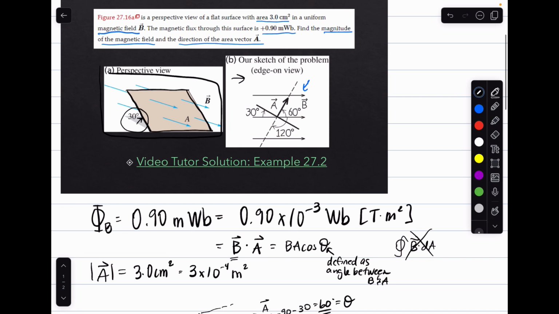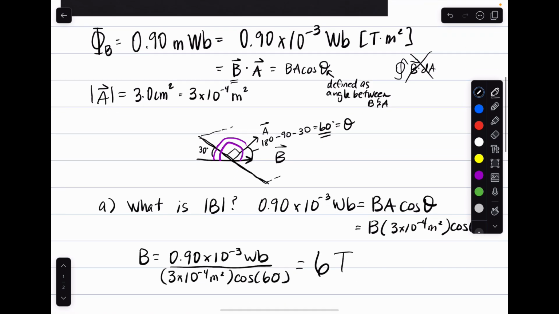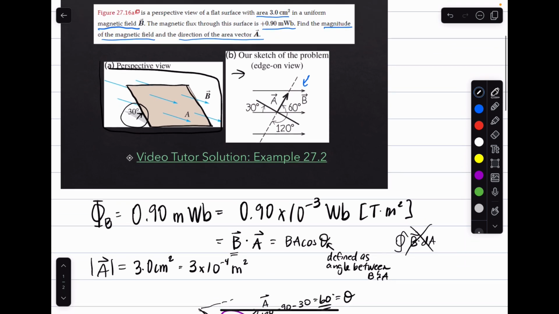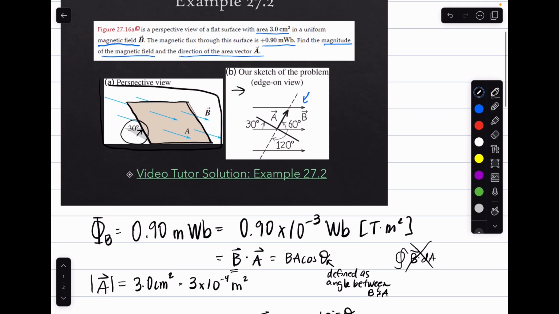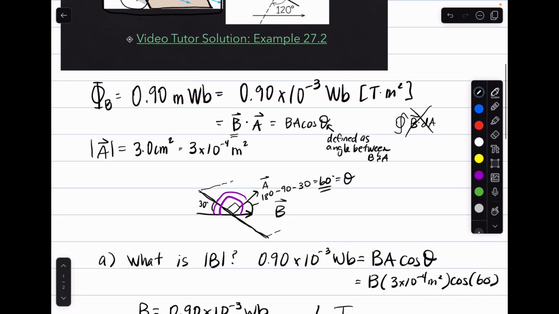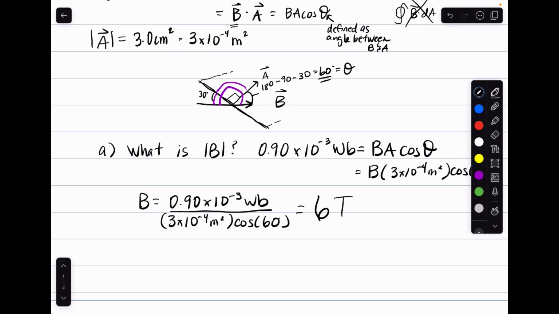And the second thing it wants to know is what's the direction of the area vector A? Well, in reference to what?